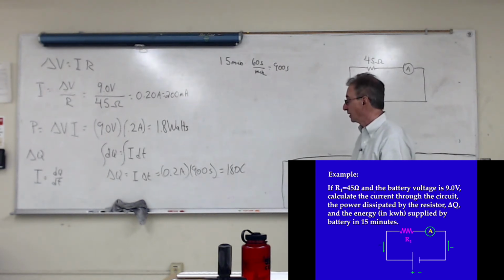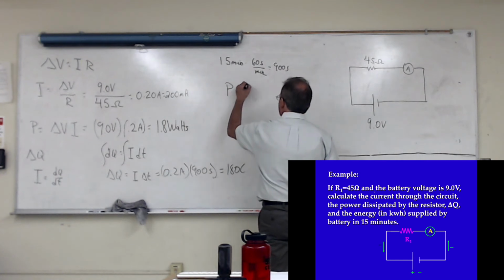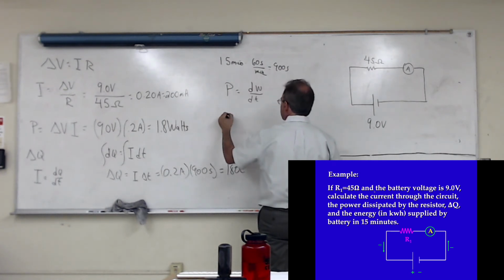Okay, now we need power. We need the energy. Well, power is dW over dt. I'm going to do the same thing again. Power is constant.